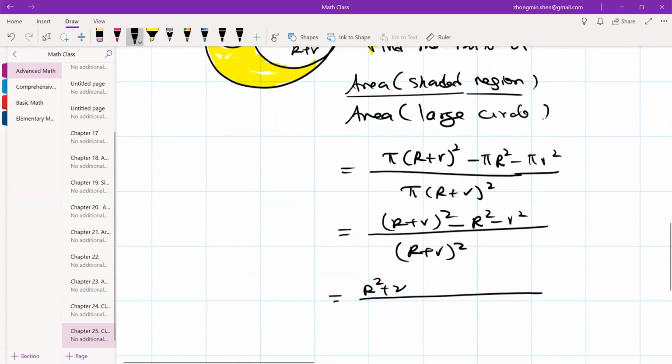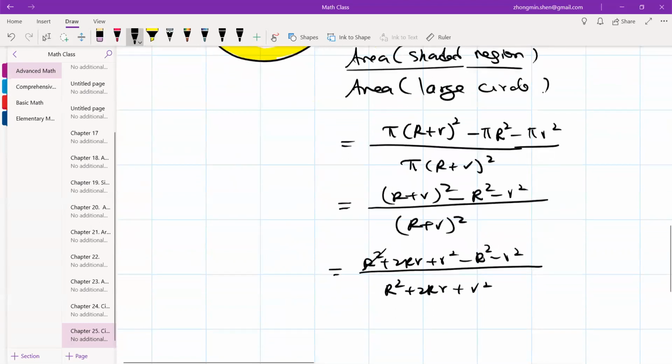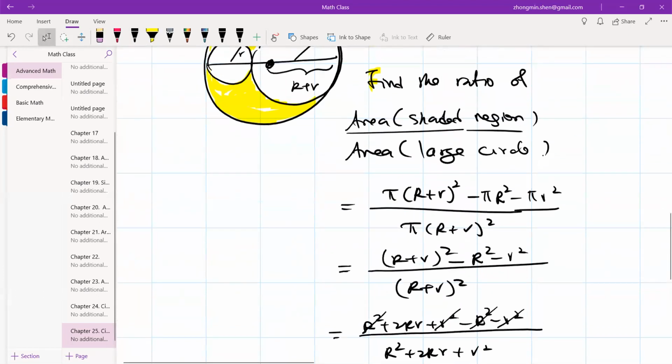It's R squared plus 2Rr plus r squared. So this capital R squared cancels out, this little r squared cancels out.